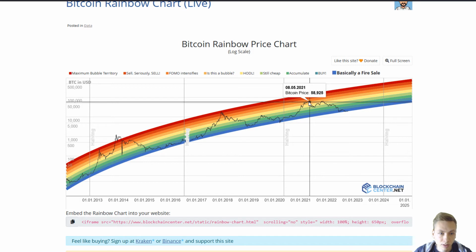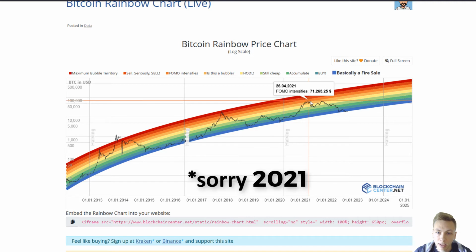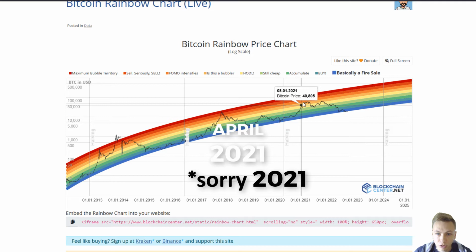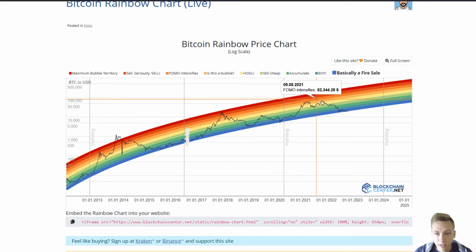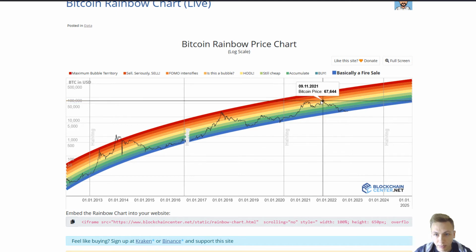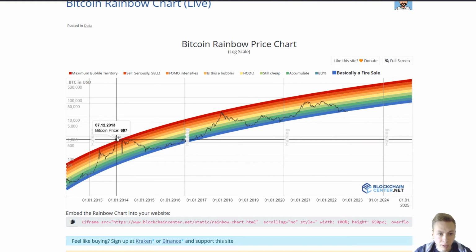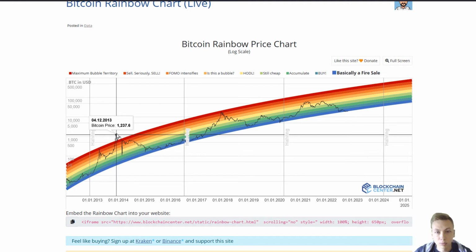This is the first time that we actually had a double top. We had the first top in April 2021, which is less than a year, and then we had another top in the same year about 6 months after. So it's 1 year to a year and a half from the Bitcoin halving to the Bitcoin bull market top.